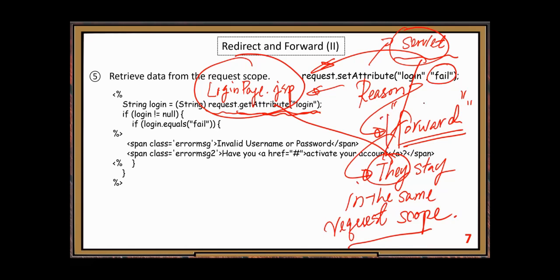That's the property determined by the forward. When you do forward, you stay in the same request scope.